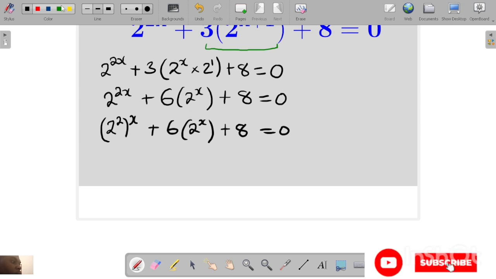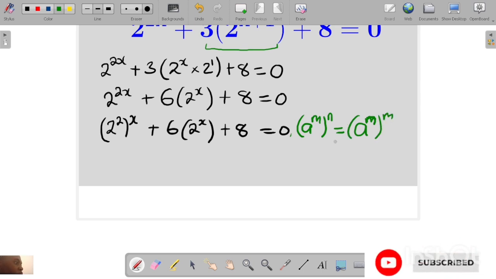Okay, so by the laws of indices, if you have the base a that has been raised to the power m, and it has also been raised to the power n, this can be written as the base a to the power n, raised to the power m.